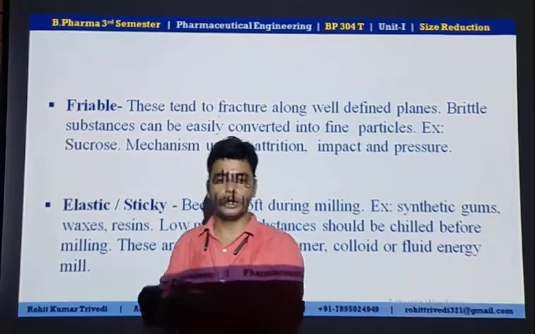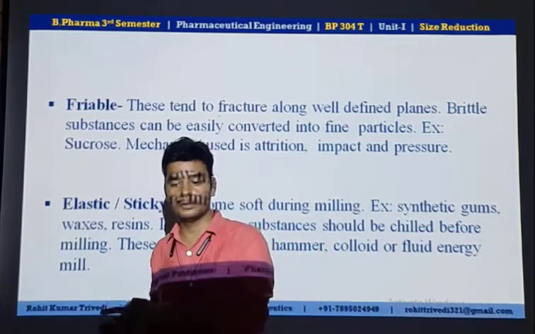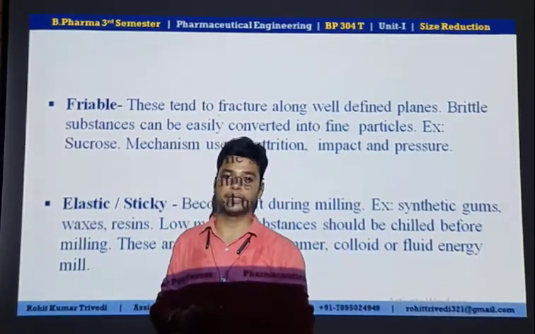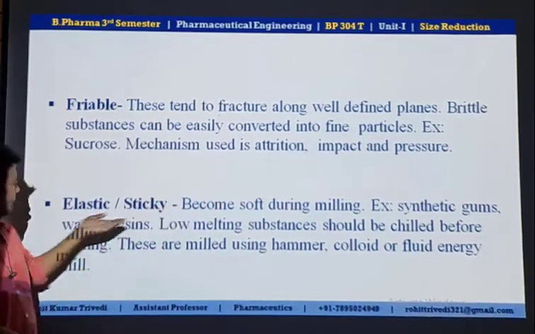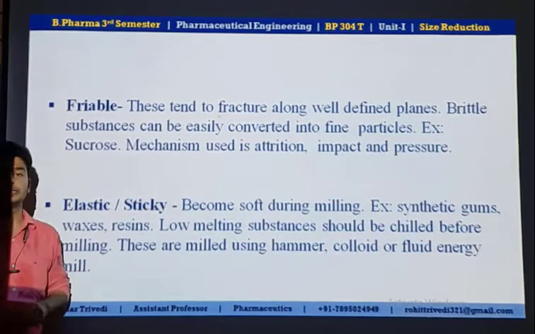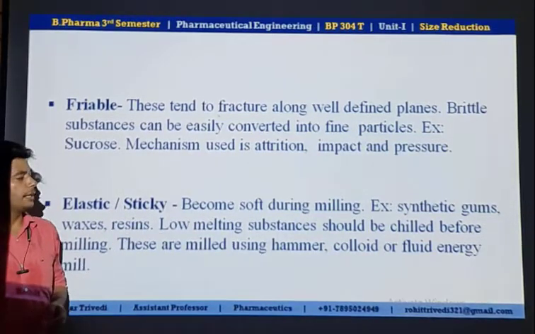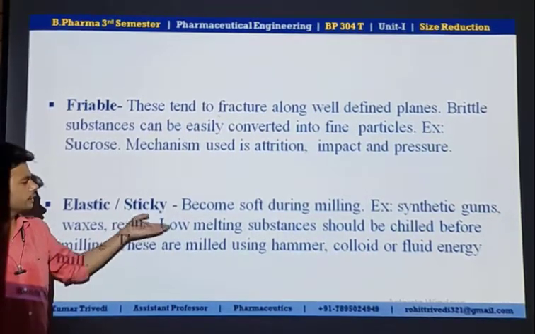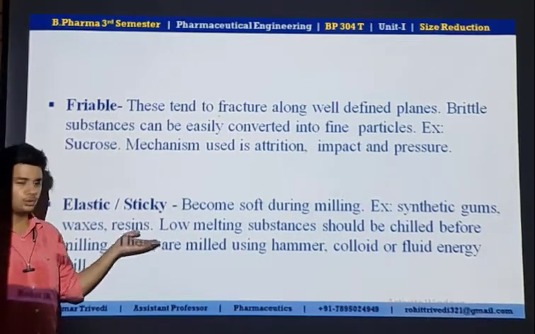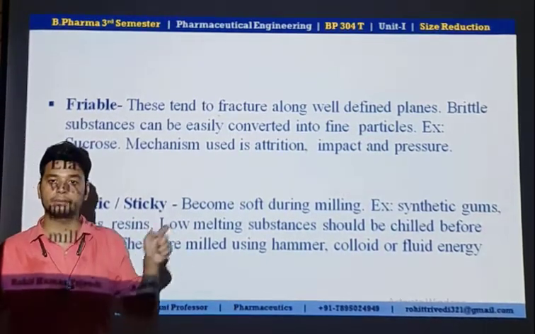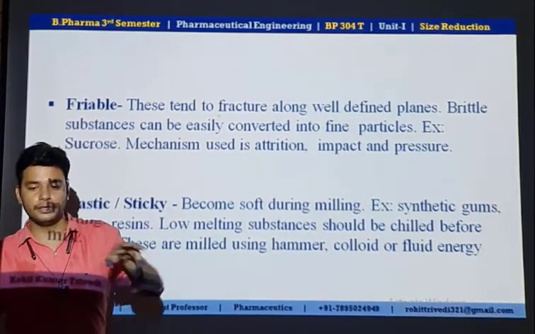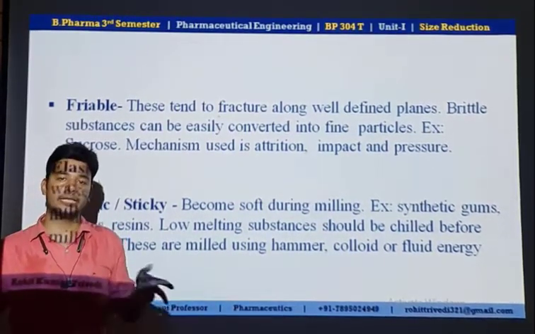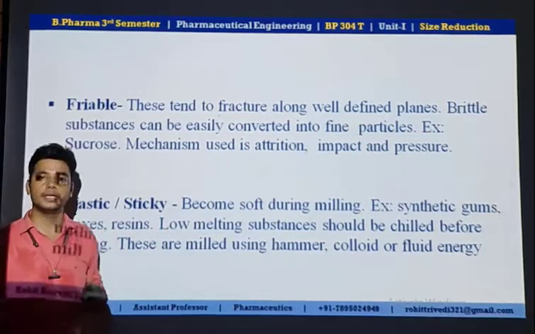For example, you can see synthetic gums, waxes, or resin. These are low melting point substances. Generally for this purpose, we can use machineries that do not increase the temperature during the process of size reduction. A cooling system will be there that will reduce the temperature that is being generated during the process of size reduction.